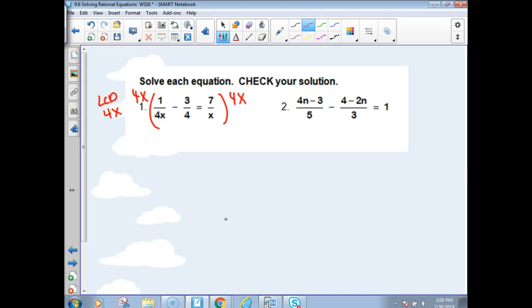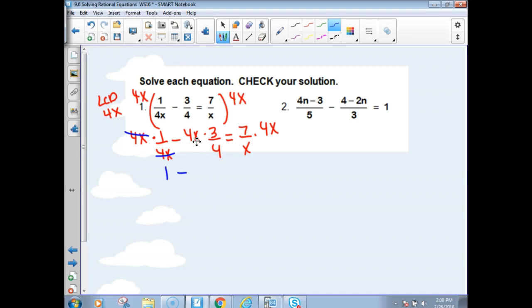Now, for the first problem we do here, I'm going to go ahead and show 4 times x times 1 over 4x minus 4x times 3 over 4 equals 7 over x times 4x, so that you can show your cancellations. 4x cancels with 4x, so all I'd have left is 1.